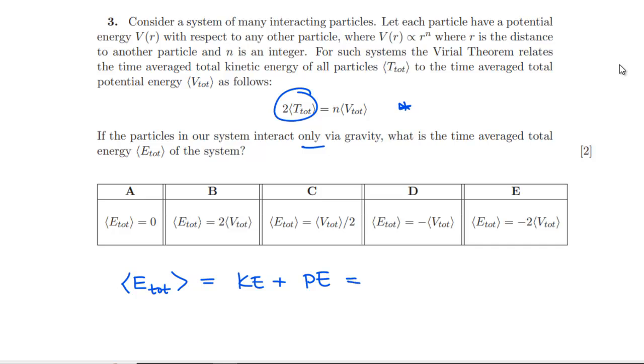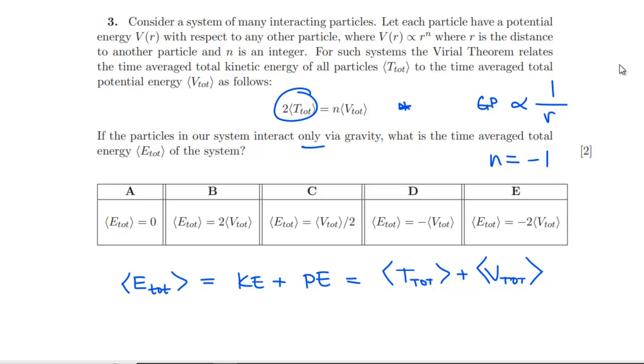So that is going to be equal to T tot plus V tot. And they've given us a relationship between them here. So if it's only gravity and we're looking at potential, well, gravitational potential is proportional to 1 over R. So that means that n is going to be equal to minus 1.